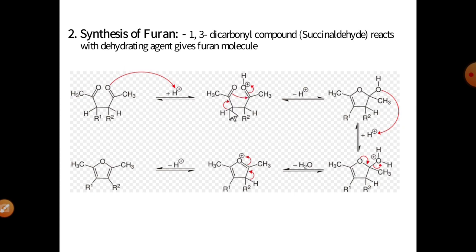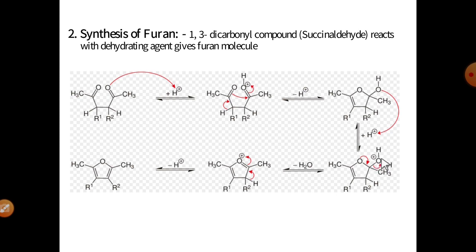Finally, the sigma electron pair participates in delocalization, and the pi electron pair between this carbon and oxygen attacks this carbon, and shifting of electron pair towards the oxygen means neutralization of positive charge takes place. Again the electron pair of this oxygen attacks this H plus, meaning protonation of this oxygen takes place.